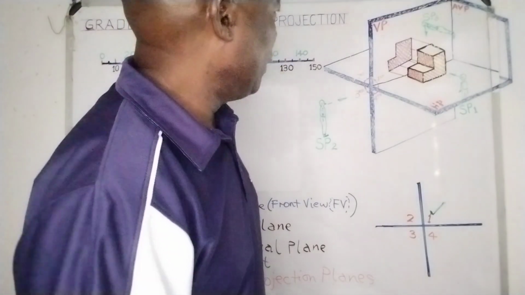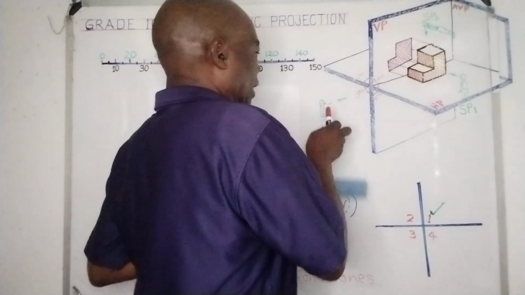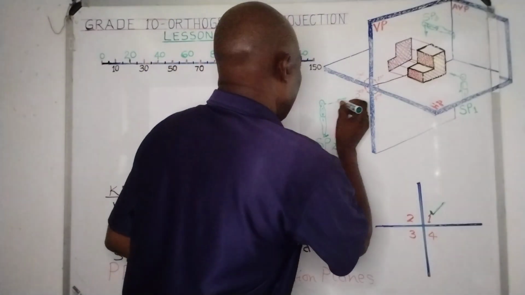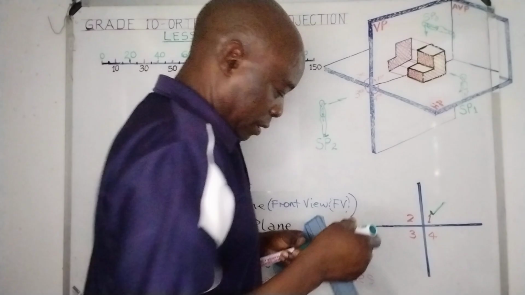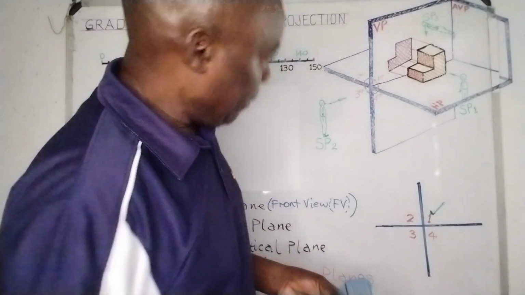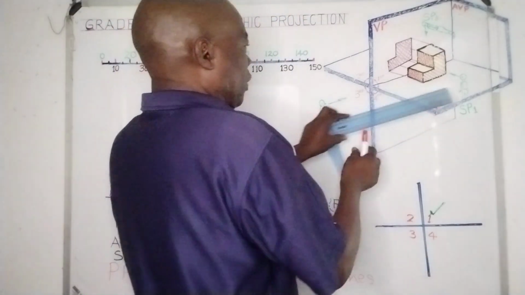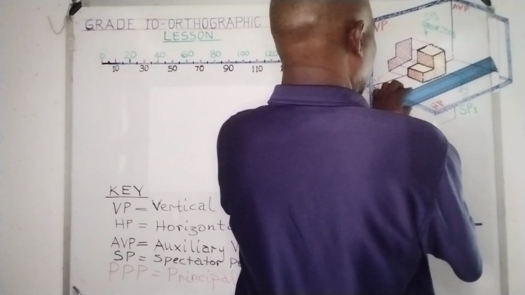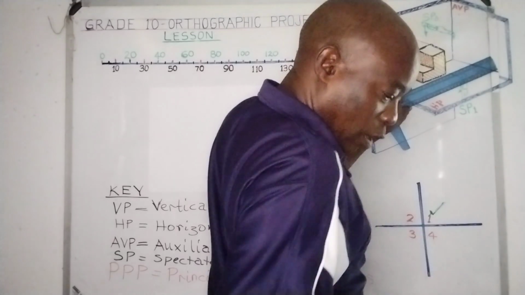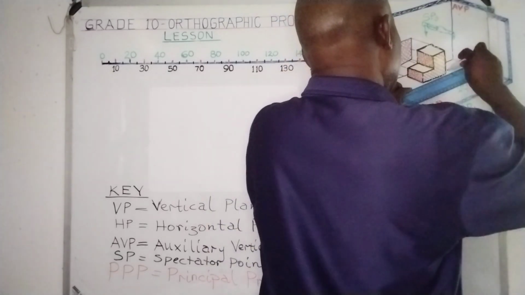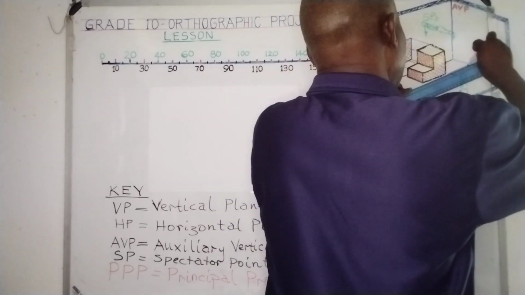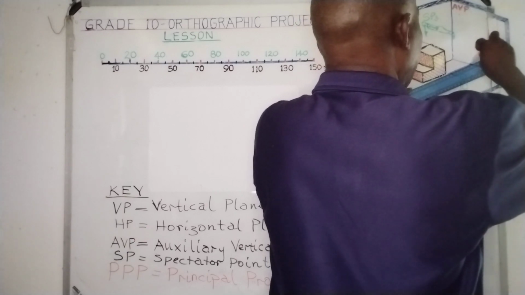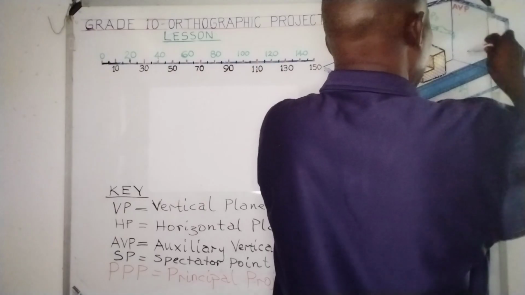Let me just do it as it is here now. Let me start with the top view, because the top view is the other main object. So let me just change this to spectator 2 there and this one 3, because the top view is very important. Like that. So this now 3.